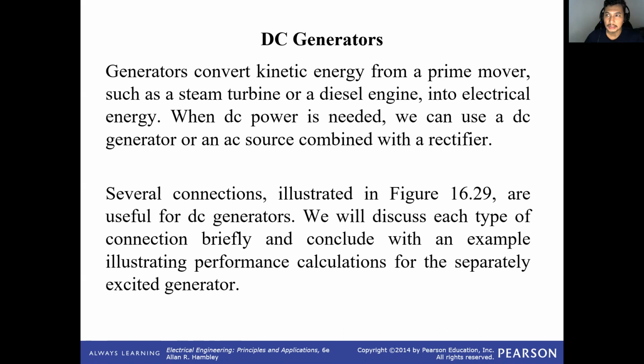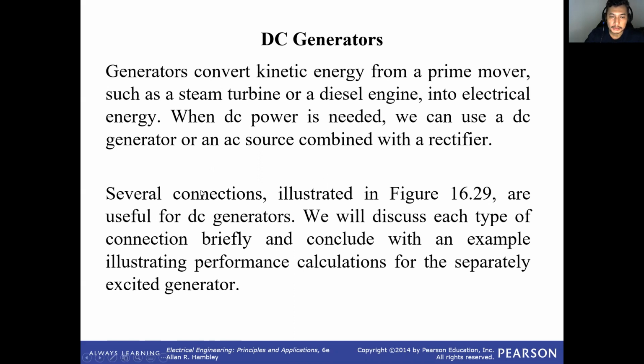As a definition, generators convert kinetic energy from a prime mover. This prime mover can be anything that can move the rotation of the rotor. It can be a steam turbine or a diesel engine, into electrical energy.